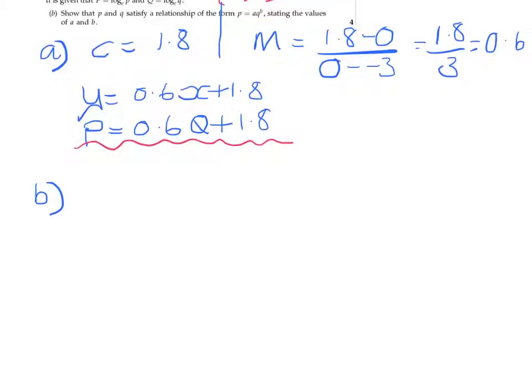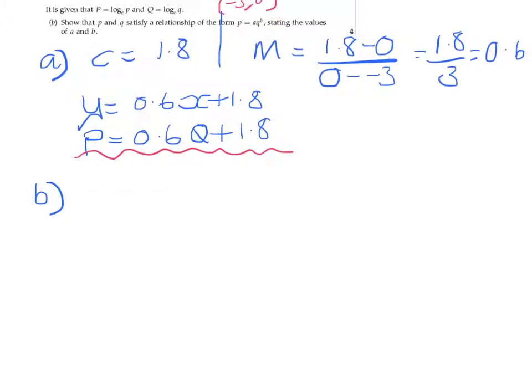We need to show that P and Q satisfy a relationship of the form P equals AQ to the power of B, stating the values of A and B. So what I'm going to do straight away here is use the formula that we've just created, and substitute in the things that they've told us here.